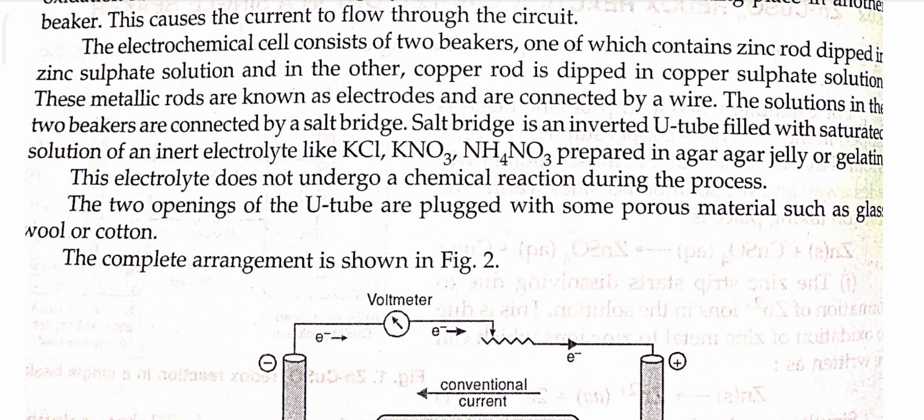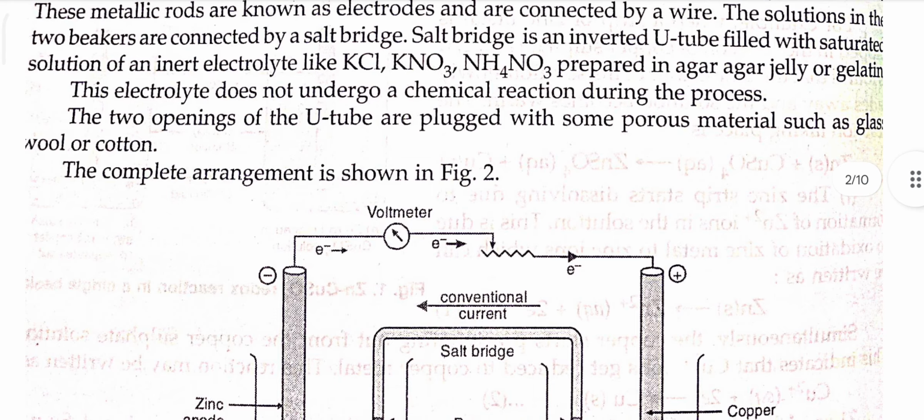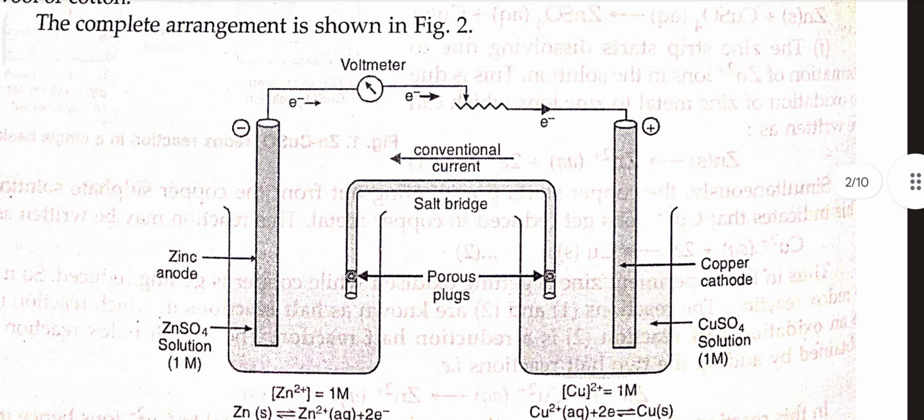A salt bridge is an inverted U tube filled with a saturated solution of an inert electrolyte like KCl, KNO3, NH4NO3, prepared in agar-agar jelly or gelatin. This electrolyte does not undergo a chemical reaction during the process. The two openings of the U-tube are plugged with some porous material such as glass wool or cotton. The complete arrangement is shown in figure 2.